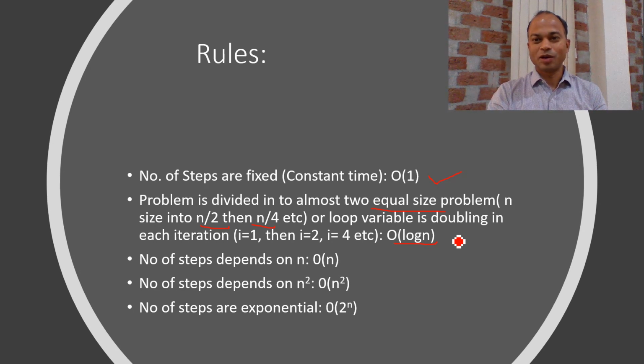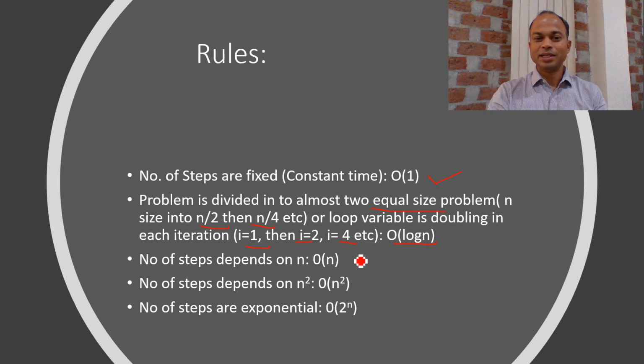A second case of this may be if we have a loop and every time the loop variable is doubled. I mean initially i equals 1, then i equals 2, then i equals 4. So in that case, complexity will be order of log n.